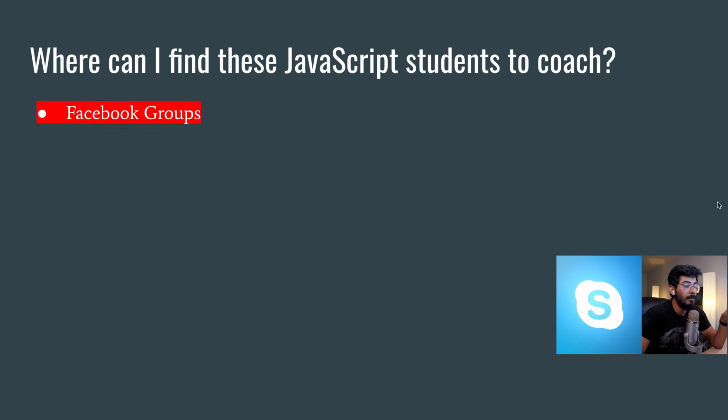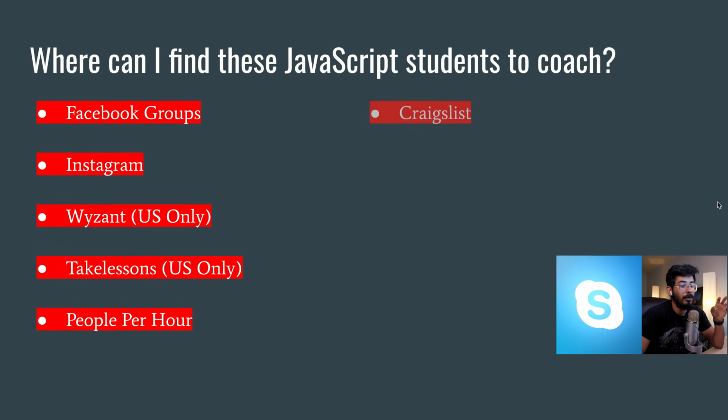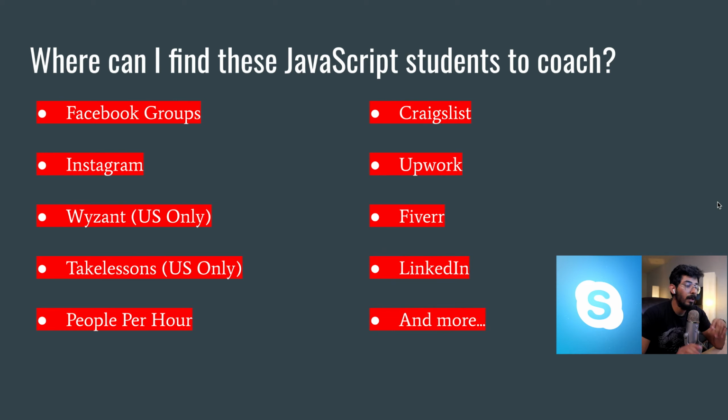Resources you can use are Facebook groups, Instagram, Wyzant, TakeLessons, PeoplePerHour, Craigslist, Upwork, Fiverr, or LinkedIn, or some other ones. You can take a screenshot of this, but these are really good resources for getting jobs as a developer, even if you're a beginner and you don't have an actual job, because getting a full-time job will take you a long time. Most people, it takes them 1 to 2 years.